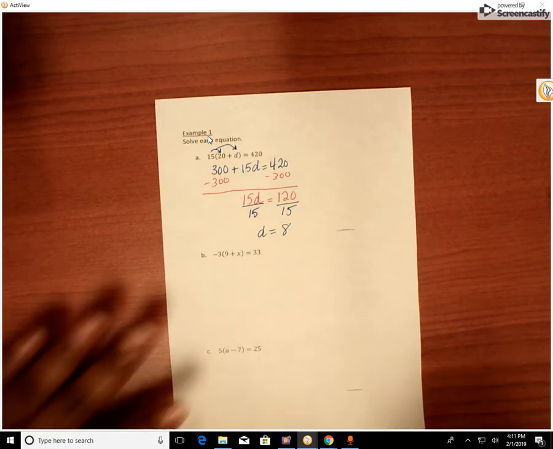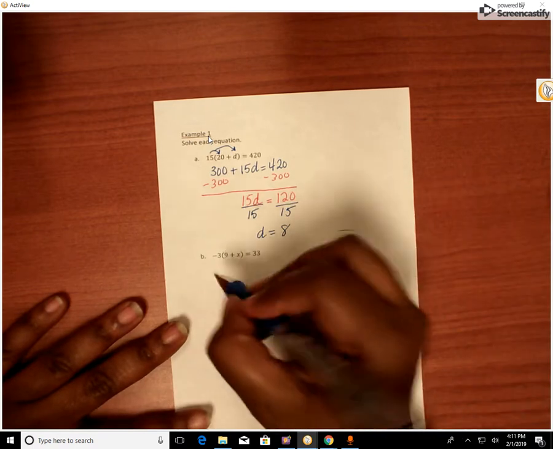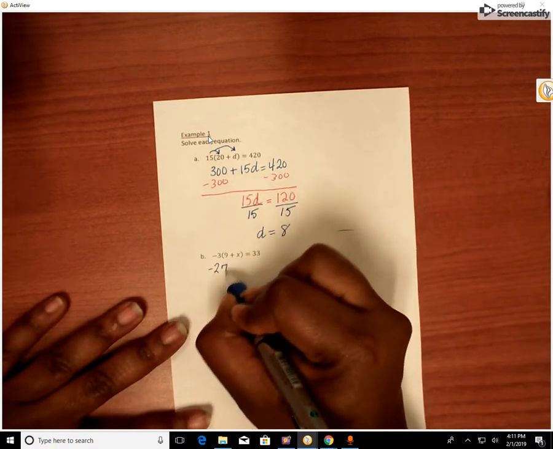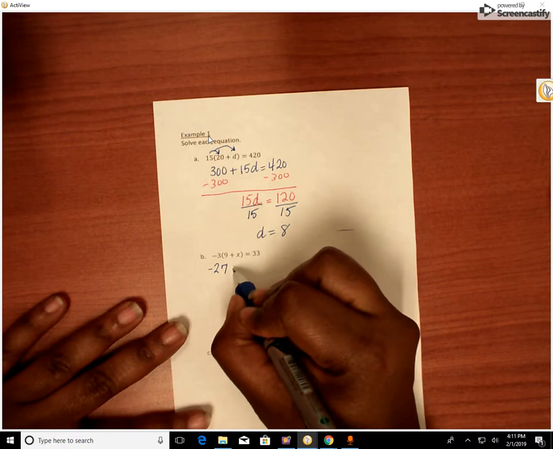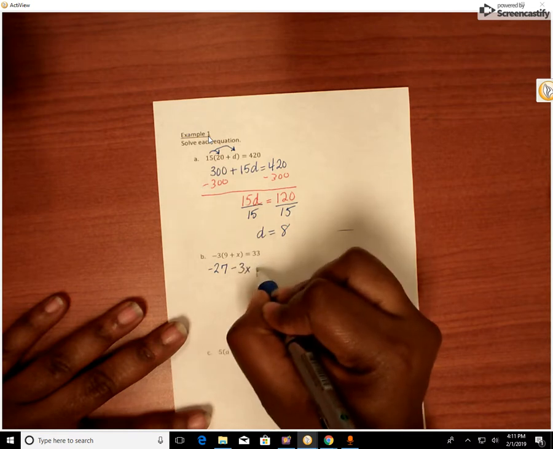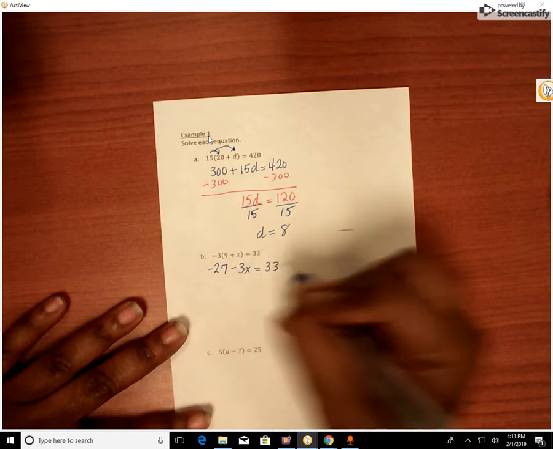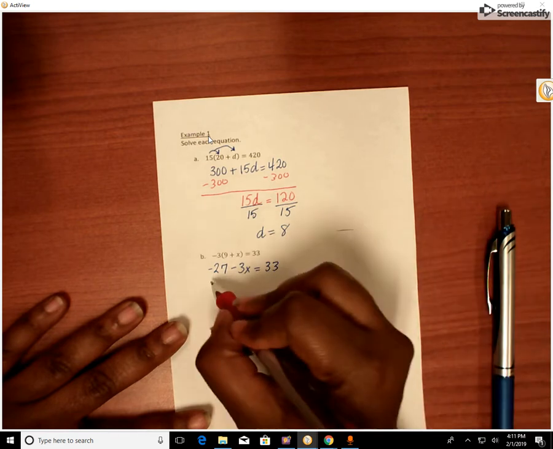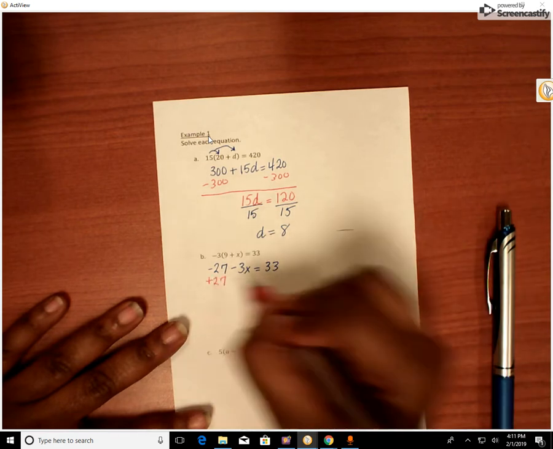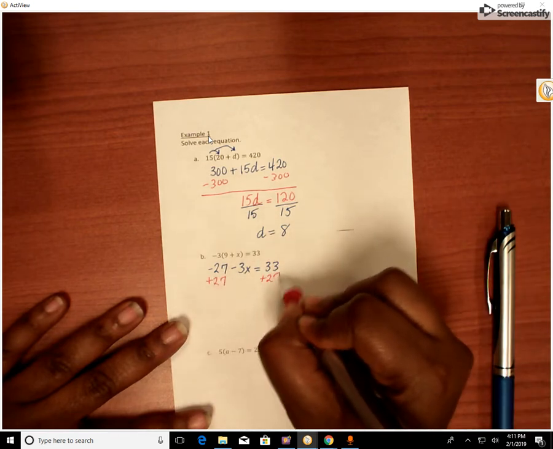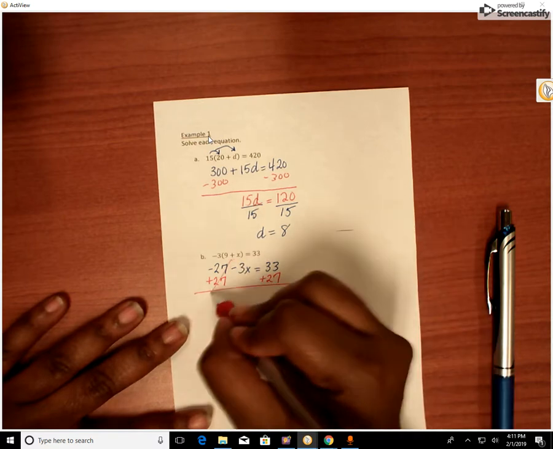Same thing with the next one. It is the negative 3. Negative 3 times 9 is negative 27. Negative 3 times x is negative 3x. So we have to do our two-step equation. The inverse of negative 27 is positive 27, so add it.